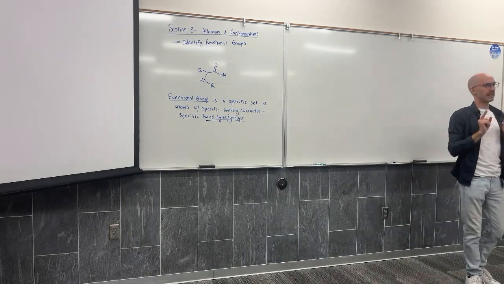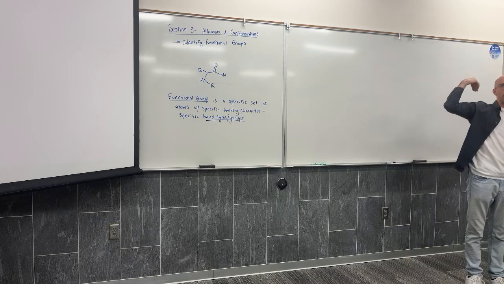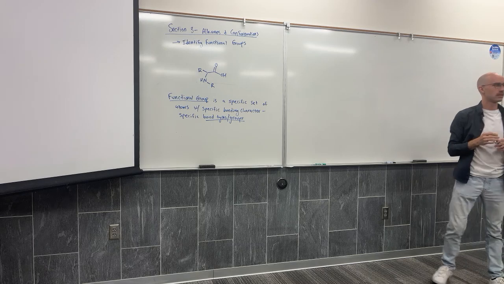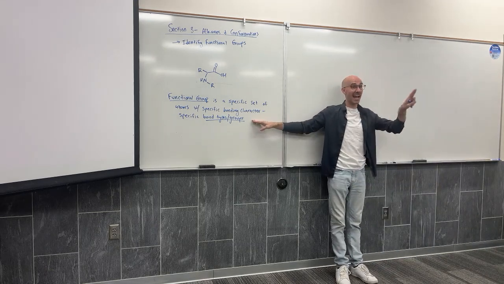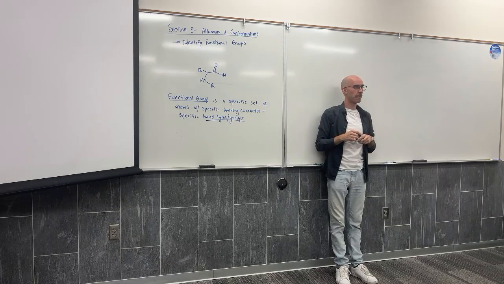A functional group contains at least 2 carbons, but also upwards of 6 or more. I think I said carbons, sorry. A functional group consists of at least 2 atoms, but upwards of 6 or more atoms as well. And the type of bond that they have.